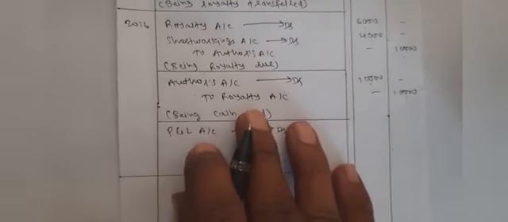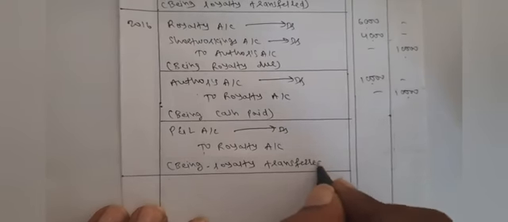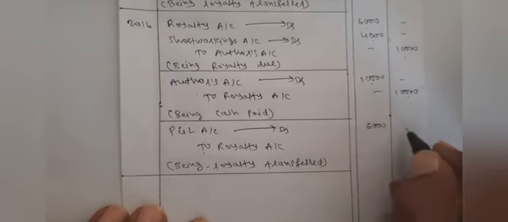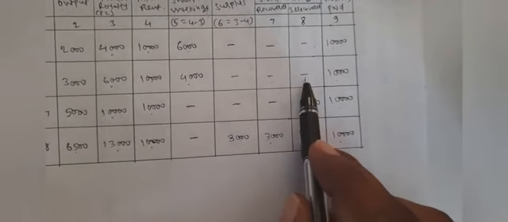P&L account debit to royalty account, being royalty transferred. How much royalty is transferred? 6,000. Here also, entry number 4 and 5 will not be applicable because there is no recovered portion and irrecovered portion.